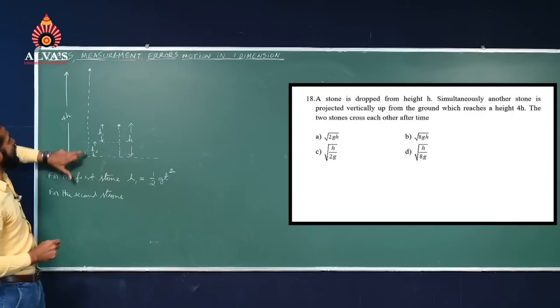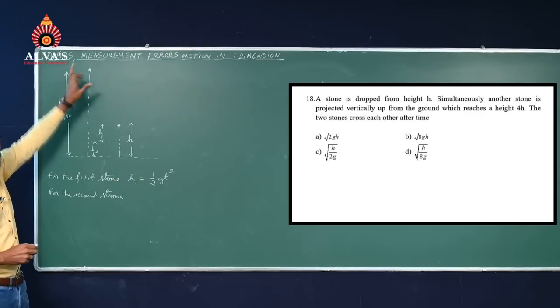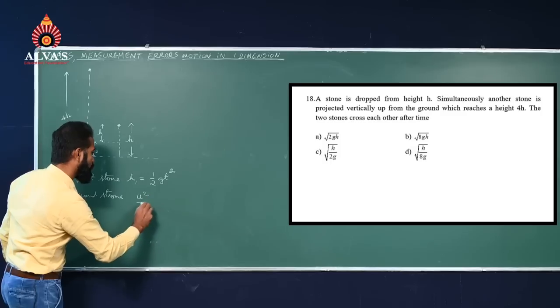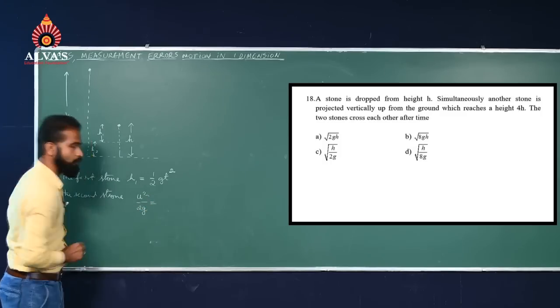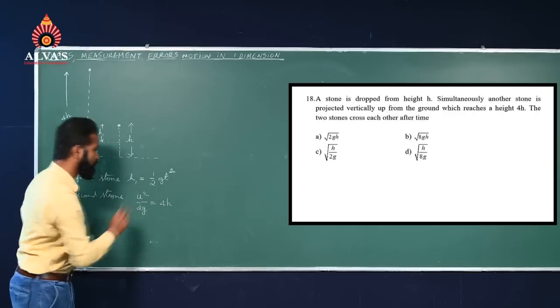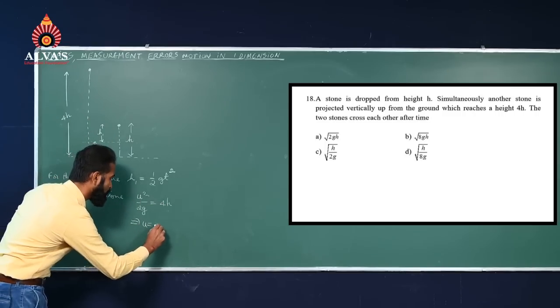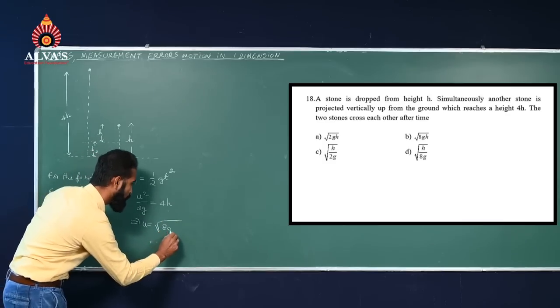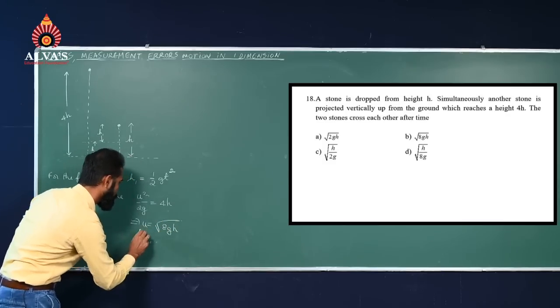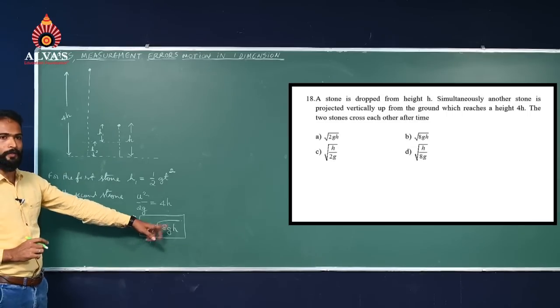So the maximum height traveled by any object that is projected from the ground will be u square by 2g. So this is u square divided by 2g. The total height traveled by the second stone is nothing but 4h. So if I rearrange the terms, I am going to get u equal to root of 8g into h. The meaning is that the second stone is projected with a velocity of root of 8gh.